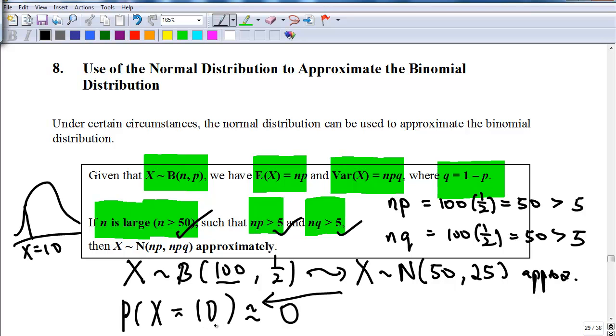So what people have done to overcome this problem is to change the number 10 into an interval. Now, what interval am I talking about? Let's look at 10 on the number line. What are the numbers that, when corrected to the nearest whole number, will be 10?